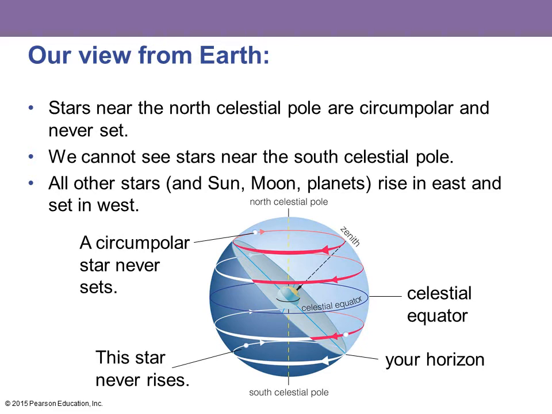So as you can see, any red circle near the top of the diagram would be a circumpolar star that never sets. And there are certain constellations that never set because they're always above the horizon. Those are of course called circumpolar constellations.